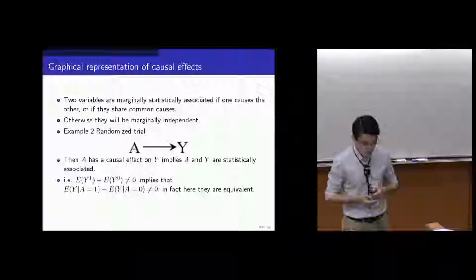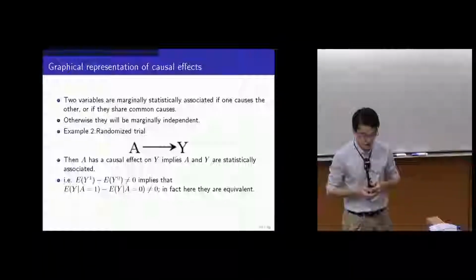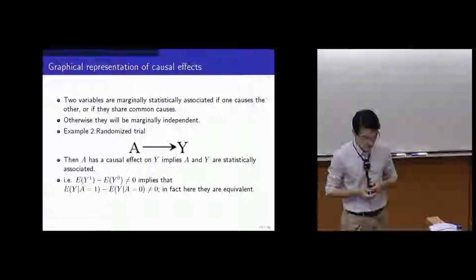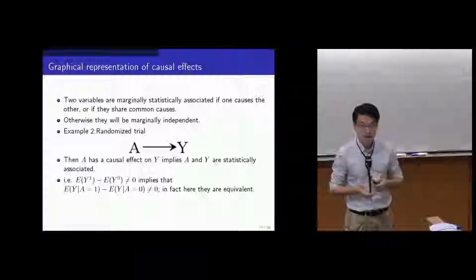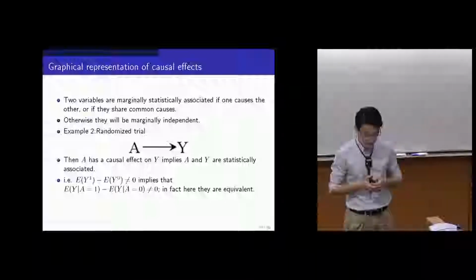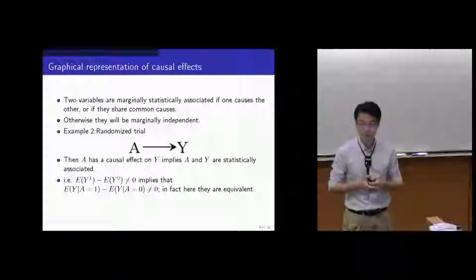So 2 variables are marginally statistically associated if one causes the other or if they share common causes. Otherwise, they will be marginally independent. So for example, in the randomized trial causal DAG, A has a causal effect on the outcome Y, which implies that A and Y are statistically associated, right?